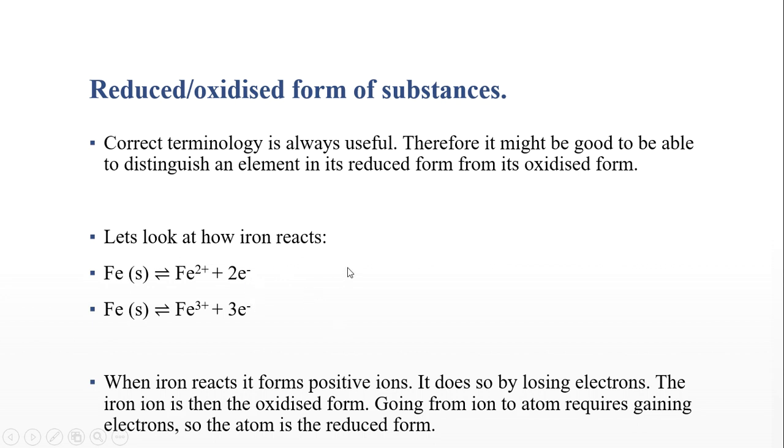And if we think about going the other way, if we have iron ions taking up electrons, so we go to the left in this reaction here to form iron, well, then that process of taking up electrons, that's reduction, right? So going to the left here, we have a reduction process. So iron as an element will be in its reduced form. And it doesn't matter which one of these we look at. So that's how I usually like to reason when I try to remember what's oxidized and what's reduced form.